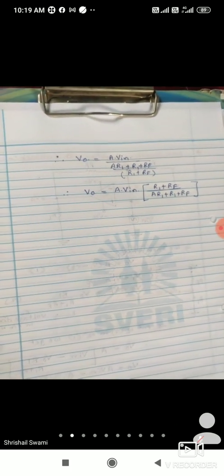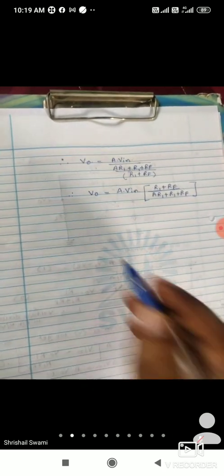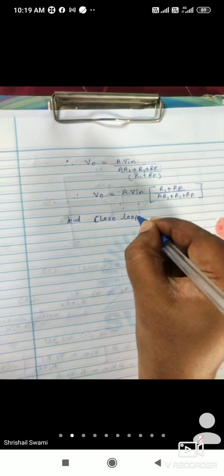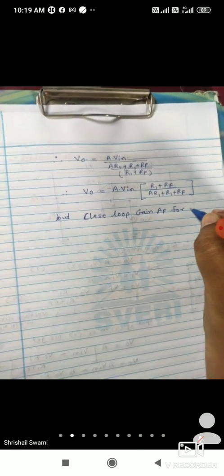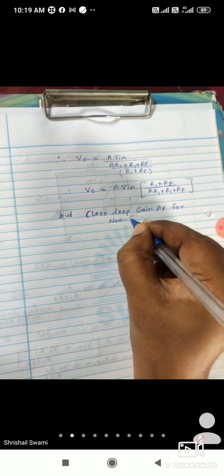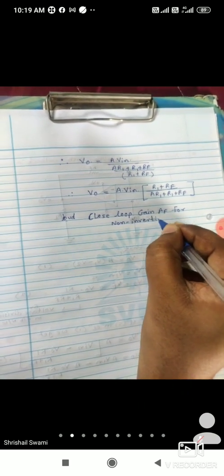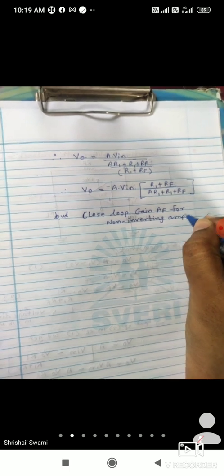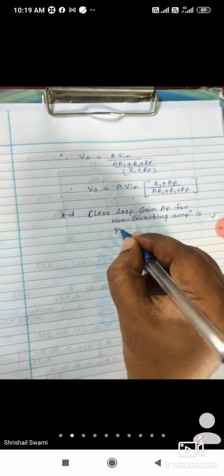Up to this step, everyone understood now? Okay, now the closed loop gain AF for the non-inverting amplifier is given by AF is equal to V0 upon V in.